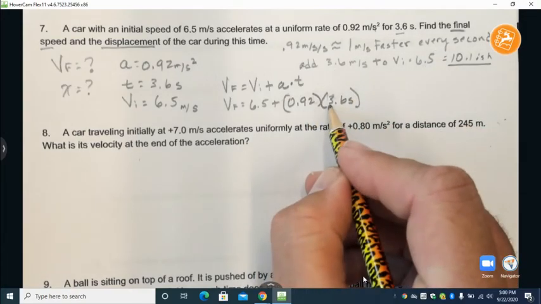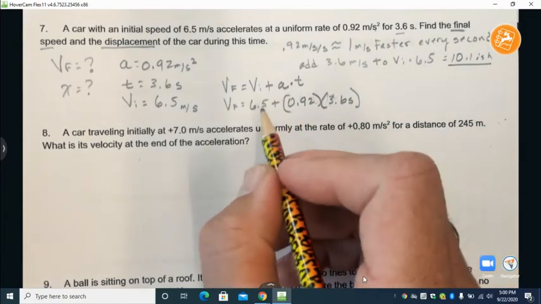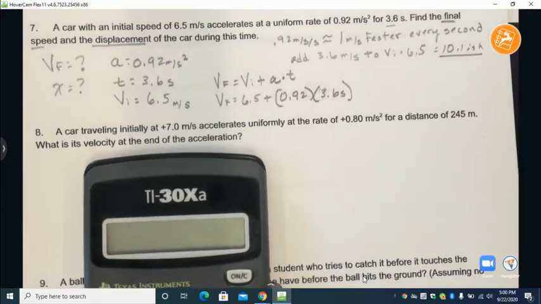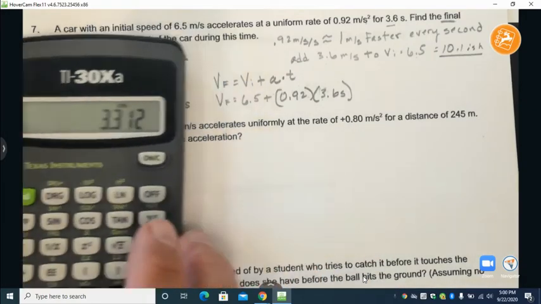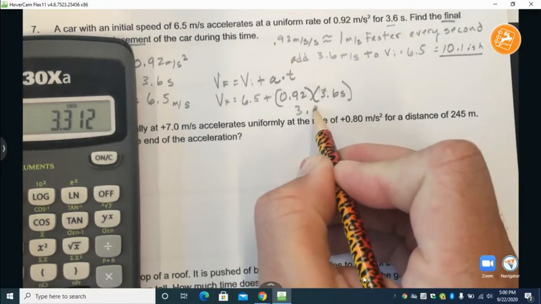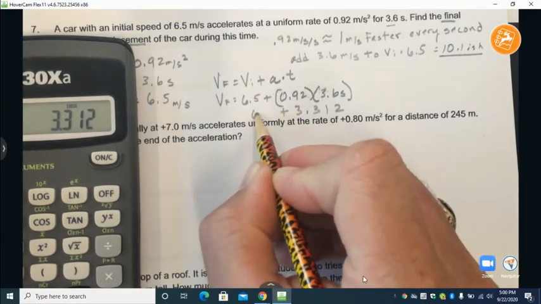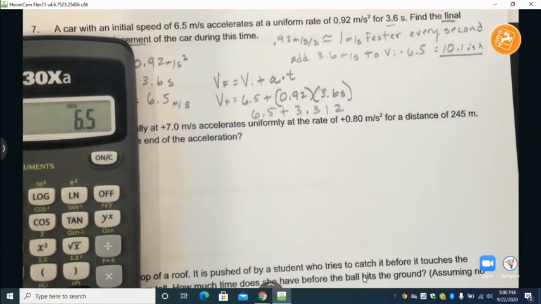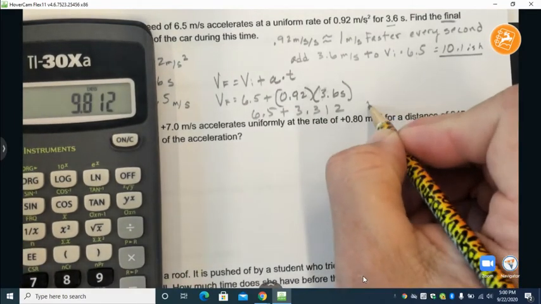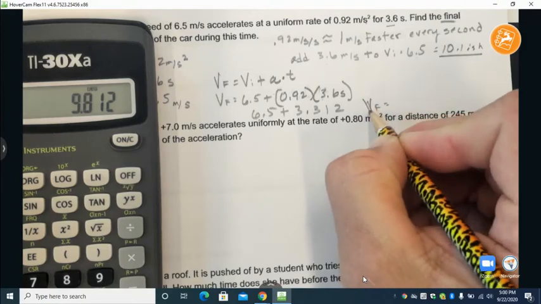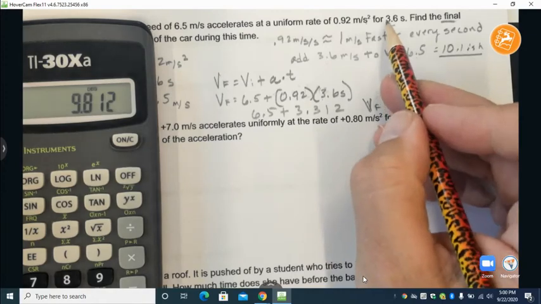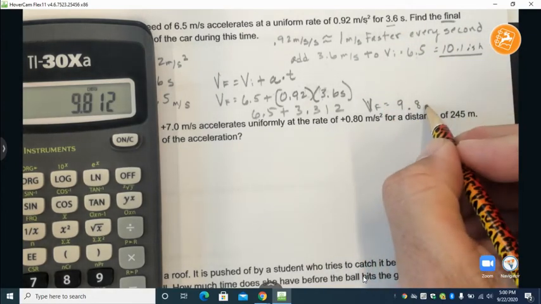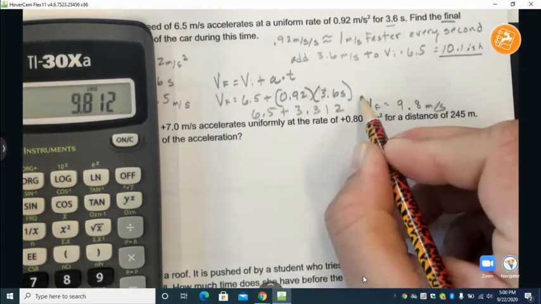And so we're going to multiply this first, then add it. So 0.92 times 3.6 equals 3.312. So we add that to our 6.5, and we get a final velocity of 9.81. And we need this to two significant figures, so 9.8 meters per second.